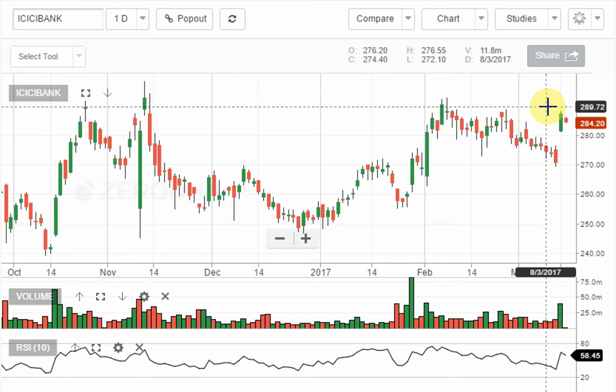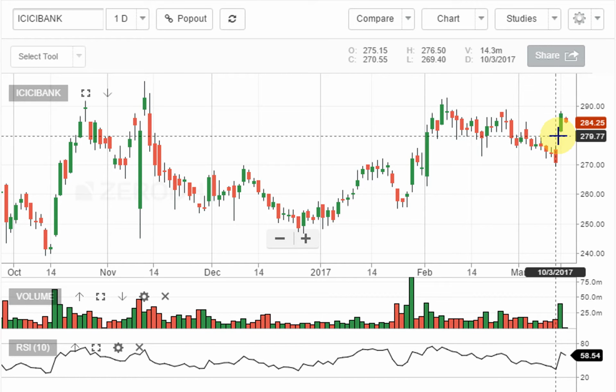What happens, we are facing some support here also, 280, a little support, not the major support. If you have shorted, the opening was at 285, 285.8. In that dilemma, with 5 points here and 5 points there, you are not in a situation where you have a clear picture.